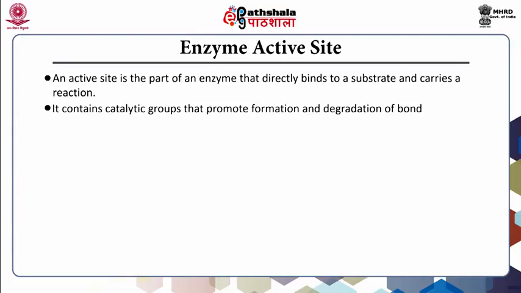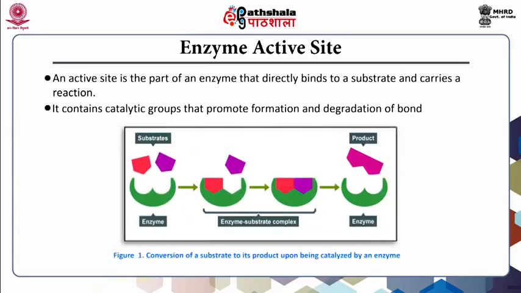It is important to note that only molecules with appropriate shape and appropriate groups can bind to the active sites of a protein molecule. Figure 1 shows the mechanism of action that involves conversion of a substrate to its product upon being catalyzed by an enzyme.